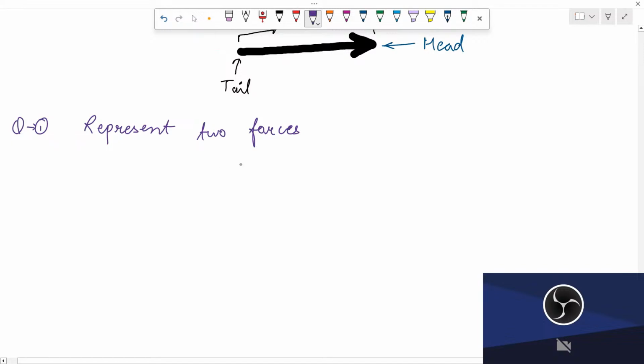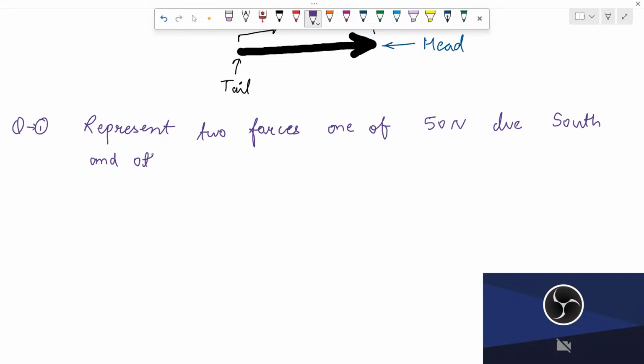Represent two forces, one of 50 Newton due south, and the other of 25 Newton due east, acting simultaneously on a particle.